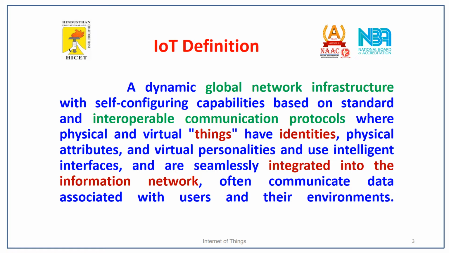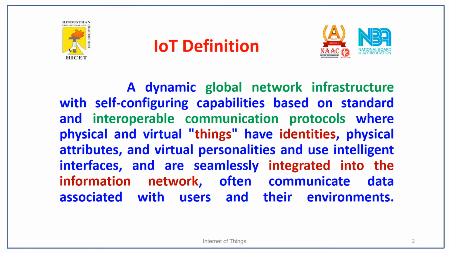But the area of IoT makes other devices like refrigerator, fan, light, everything, to be connected with the internet, having a unique ID and also able to transfer data over the internet. So nowadays billions and trillions of devices are to be connected with the internet.